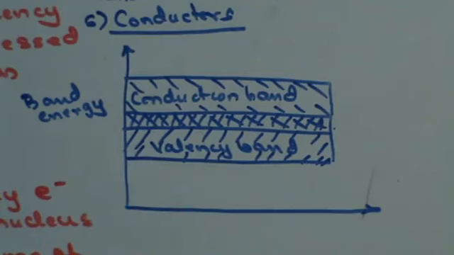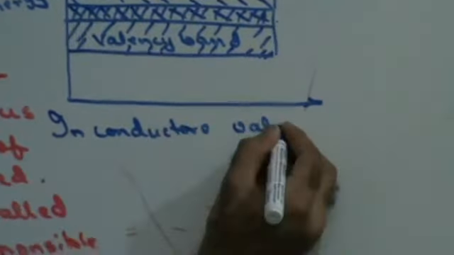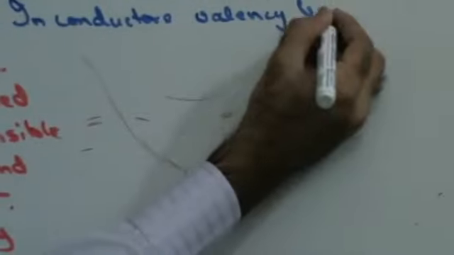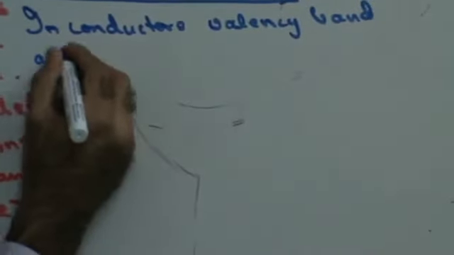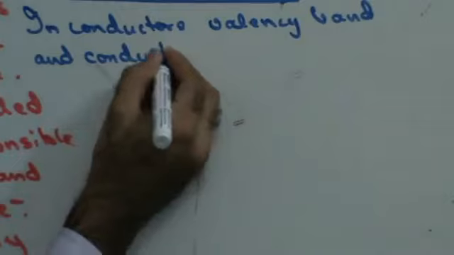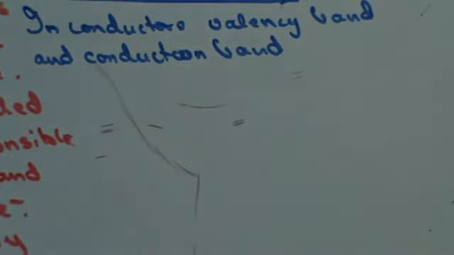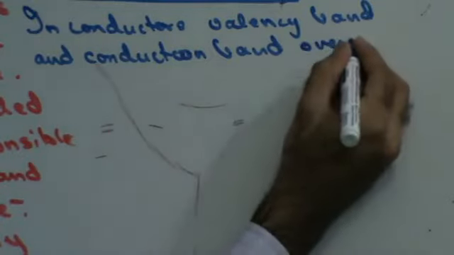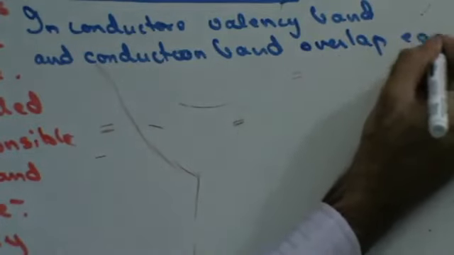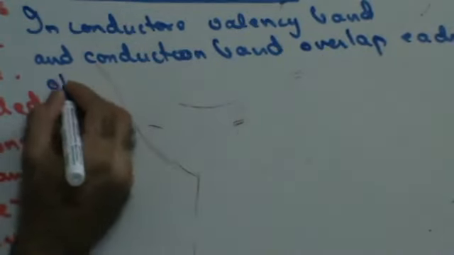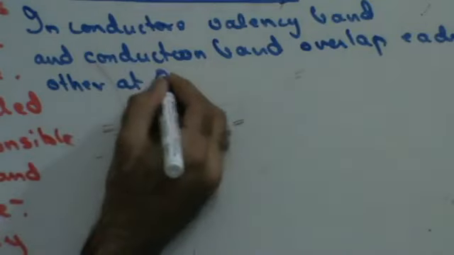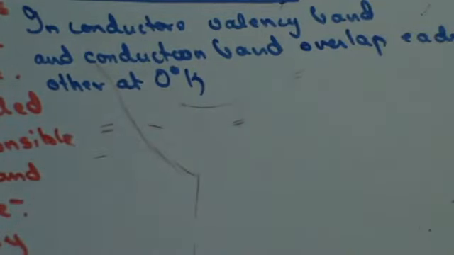Now, in conductors, valency band and conduction band overlap each other at 0 degree Kelvin, right?